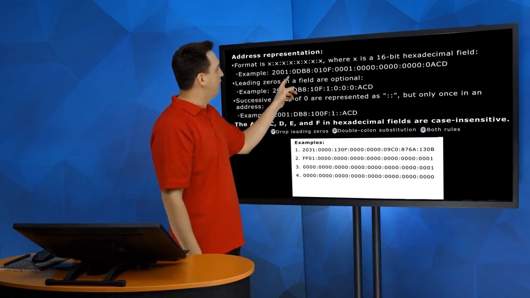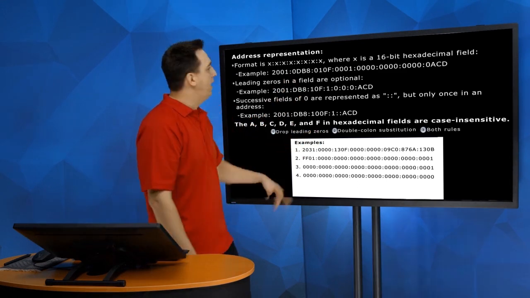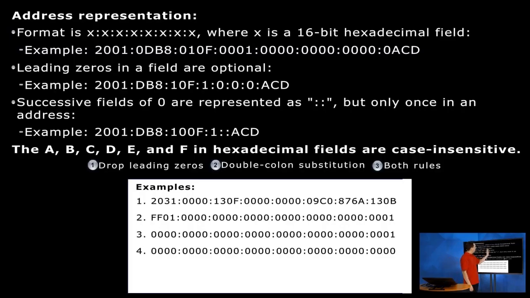Then we get over to 0db8, and then 010f, 0001, a whole bunch of zeros there, and then 0acd. Notice that in this case, there's no character of the alphabet greater than F. So that is the full address right there, all 128 bits in hexadecimal format. There's 8 fields, and each one contains 4 hexadecimal values.